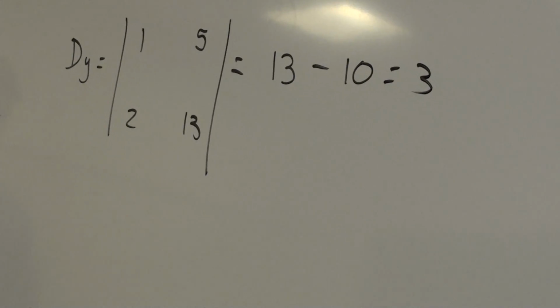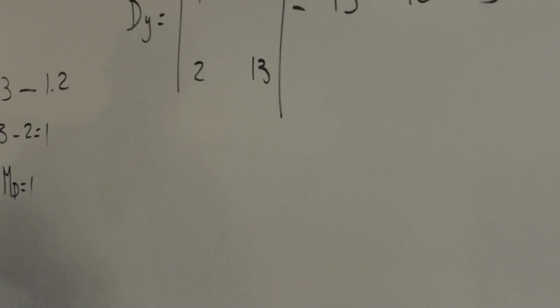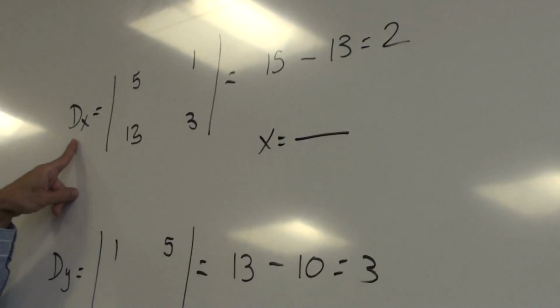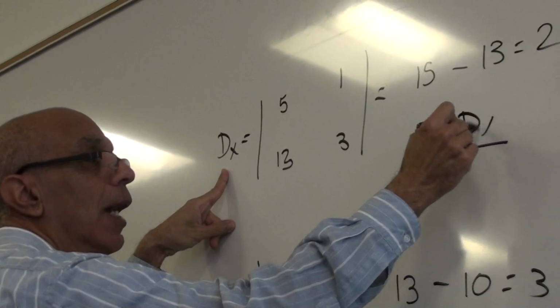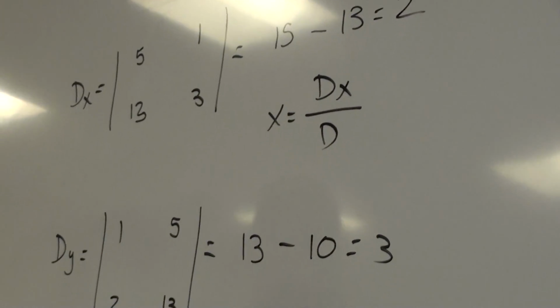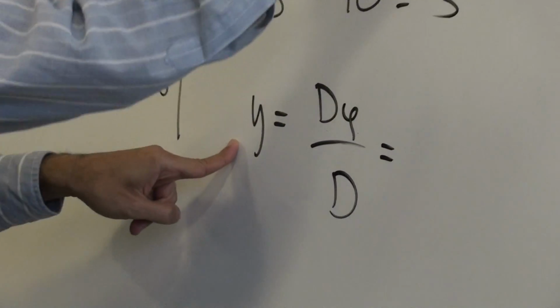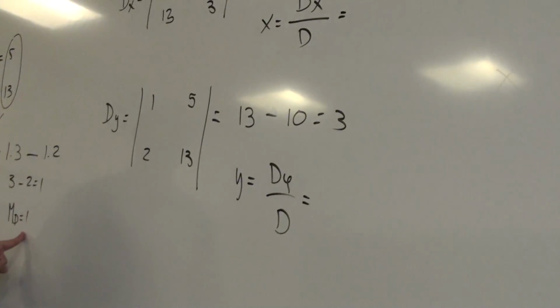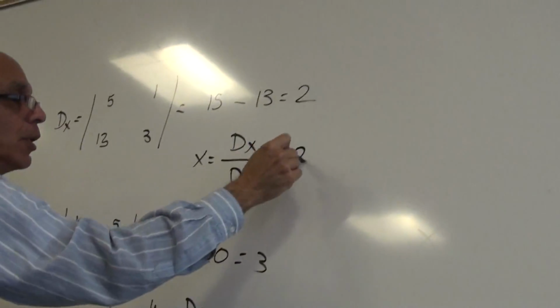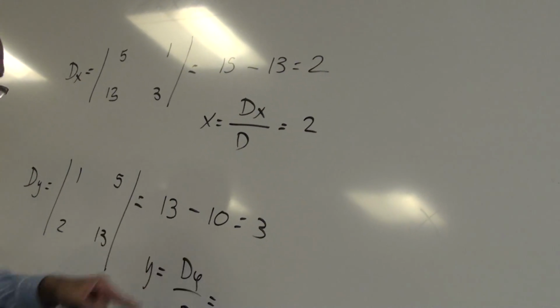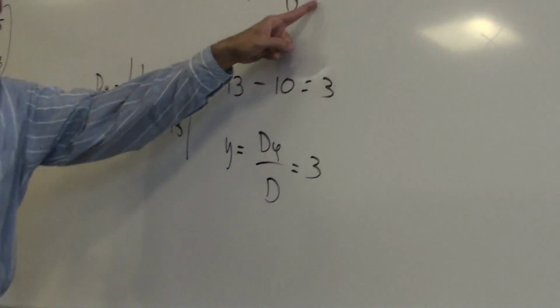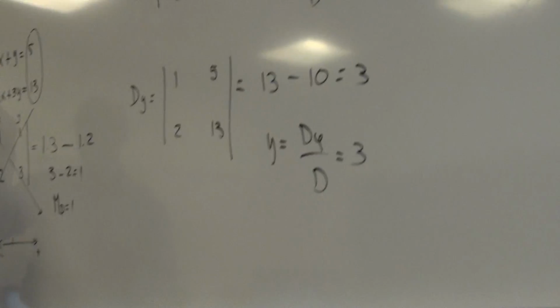Now, how do we calculate the variable? x is going to be what? Here I have what? dx, right? dx divided by d. How do I calculate y? dy divided by d. But d is 1, so 2 divided by 1 is 2. 3 divided by 1 is 3, so x is 2 and y is 3. So you see I got the answer correct?